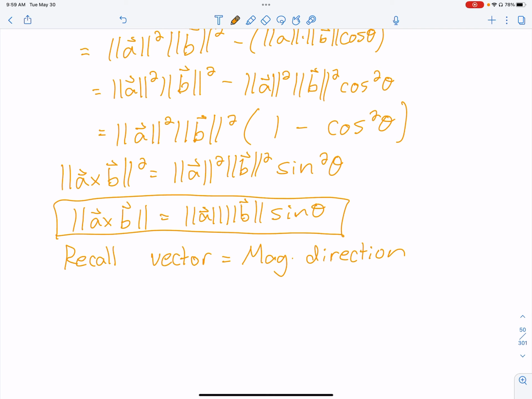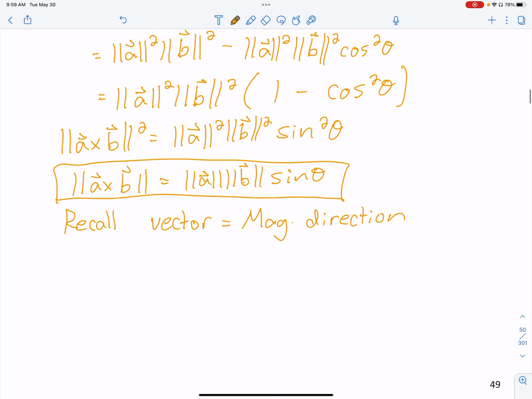So we need to have A cross B. Another way we could write that is what we wrote there, the magnitude, sine theta, times some unit vector in the direction that we want to go.